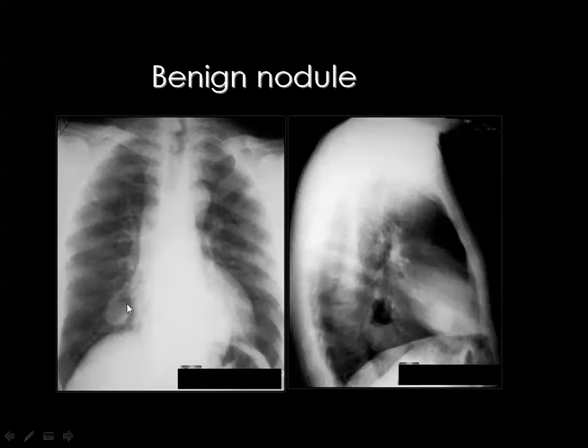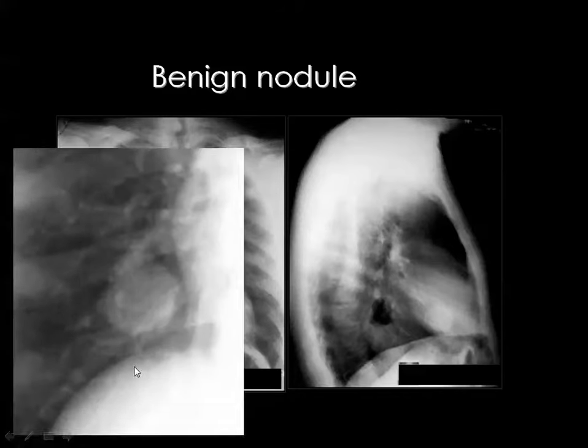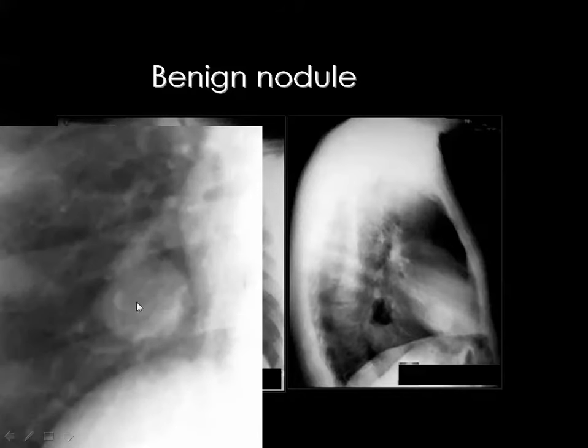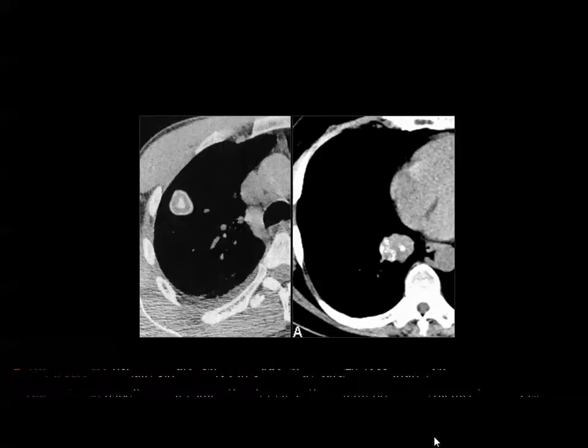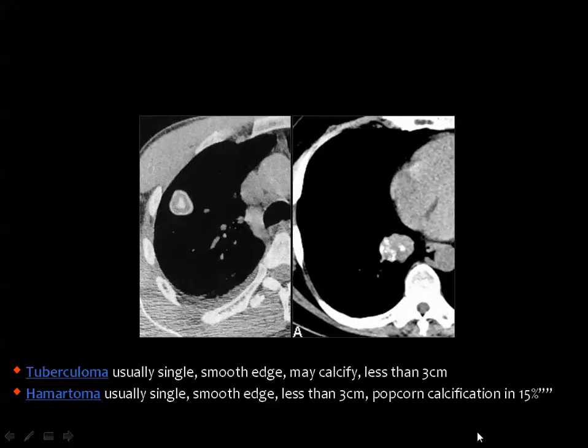This is also another nodule in the right lung base, and this nodule contains foci of calcium with a smooth edge, and you think of a tuberculoma or hamartoma. Actually, the tuberculoma is usually seen in the apices of the lung and may be surrounded by reticulonodular infiltrations of the tuberculous inflammation, while hamartoma is usually located anywhere in the lung.